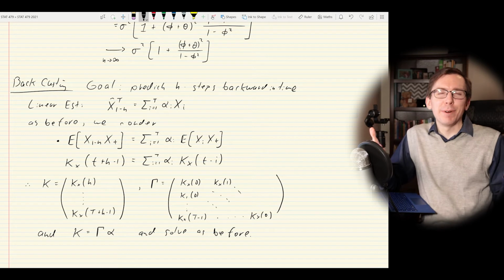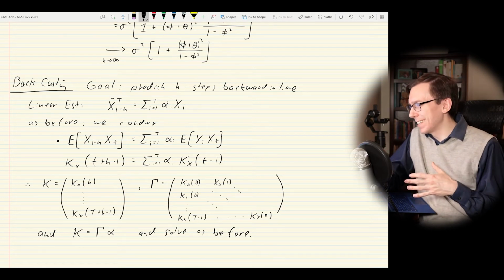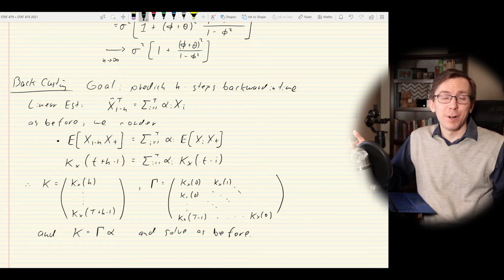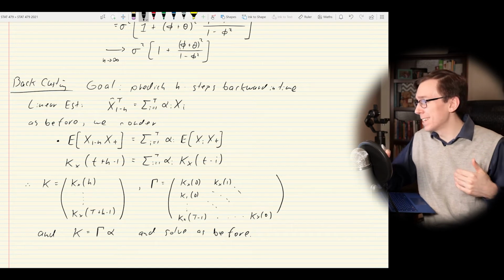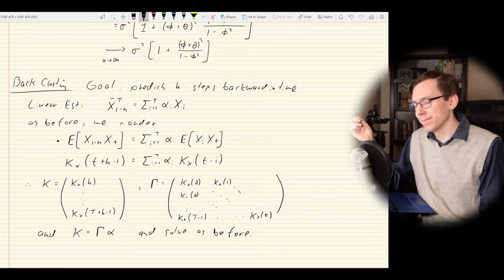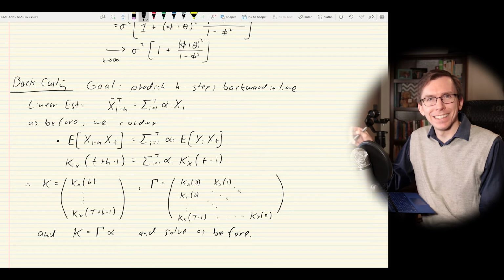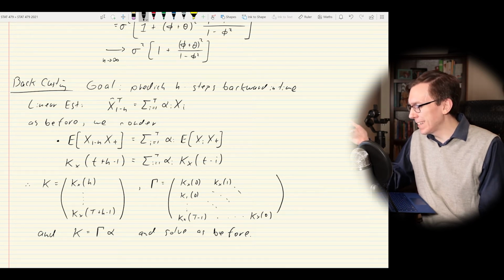Meaning that if T is small, we can just invert this thing. If T is not small, we can do one of these iterative methods like Durbin-Watson, not Durbin-Watson, Durbin-Levinson, right? There's too many, Durbin did too much. It's in too many things.